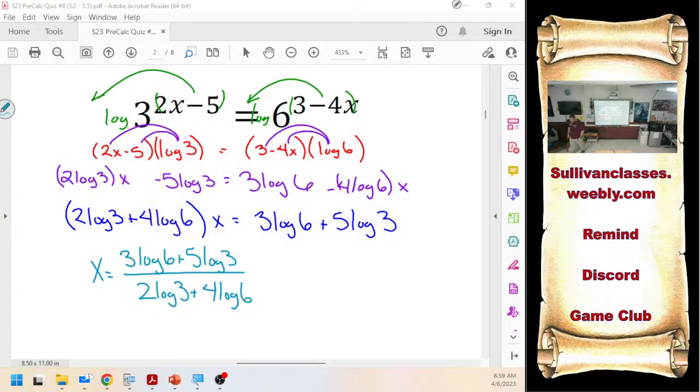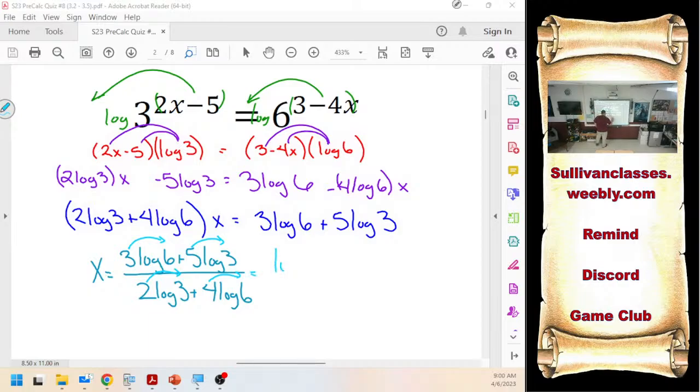Double check your instructions. Write as a simplified expression and decimal equivalent. So, as the Goof Troop says, get in the chopper. If I'm going to combine these logs using my properties, I want to put all those exponents up.